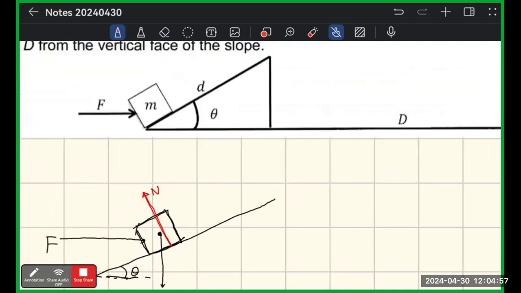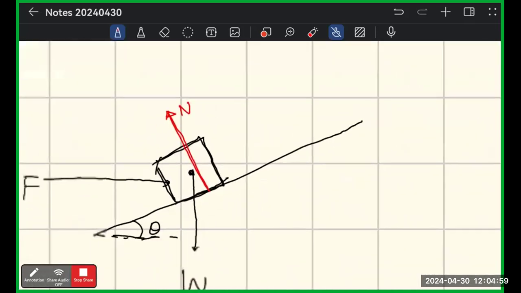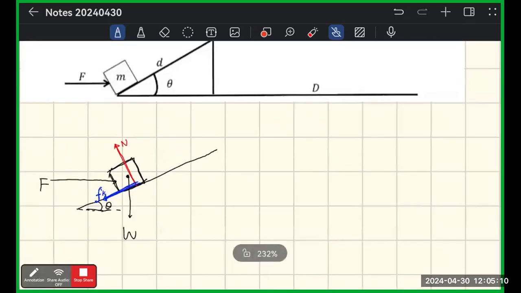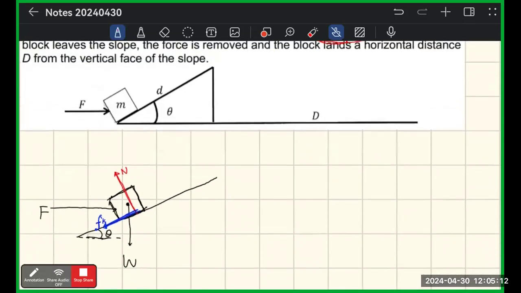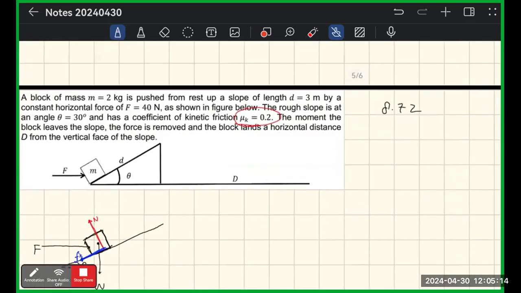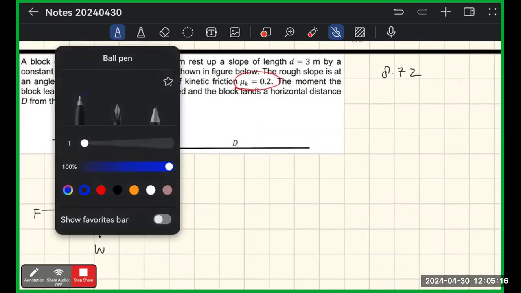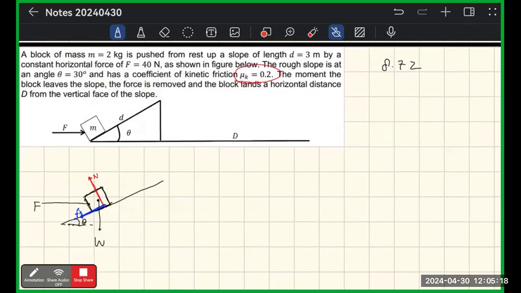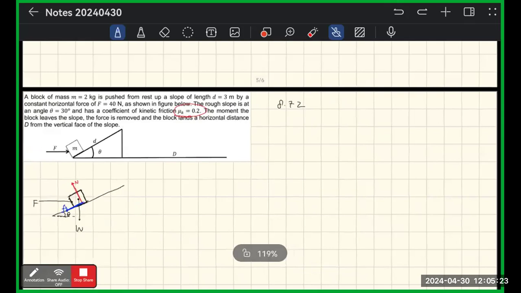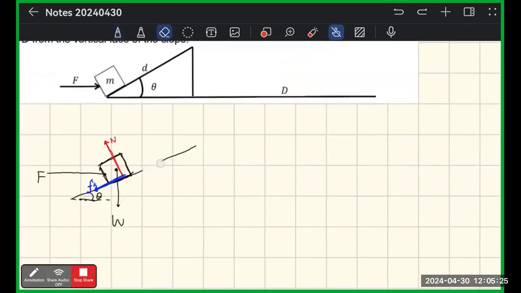They assume that it's moving already. Then I'll draw the force Fk here, and I think that's all we have for this. By only drawing this, you'll already get at least one or two points. Sorry, my tablet is lagging.